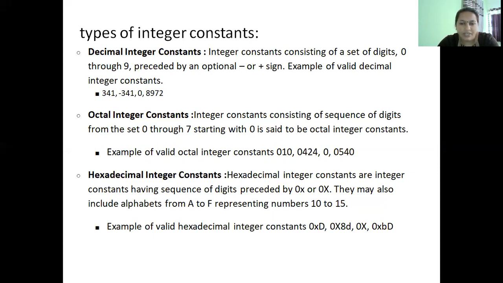The hexadecimal integer constants always are preceded by 0x, where x can be a capital letter or small letter. Example valid hexadecimal integer constants are 0xd, 0x8d, 0xbd, and so on. Even the letters A to F can be either small letter or capital letter.